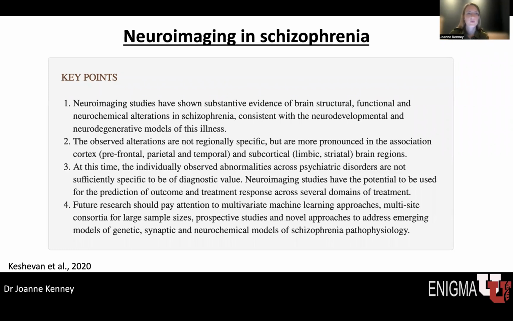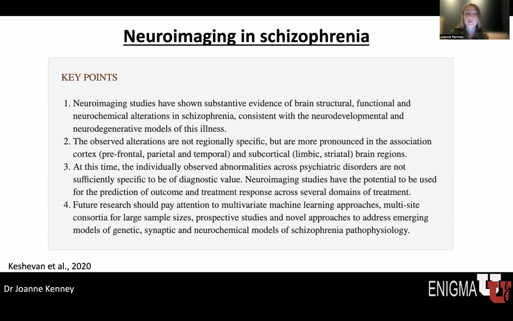So what are some of the key points that we can take away from all this research that's been conducted using neuroimaging in schizophrenia? Neuroimaging studies have shown substantive evidence of brain structural, functional, and neurochemical changes in schizophrenia, which is consistent with the neurodevelopmental model of illness.